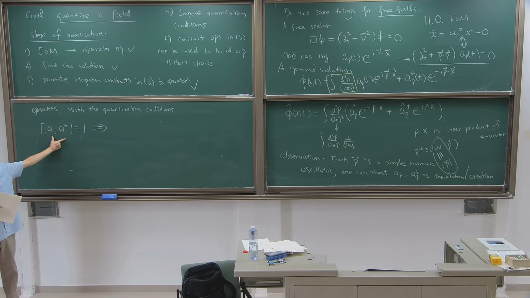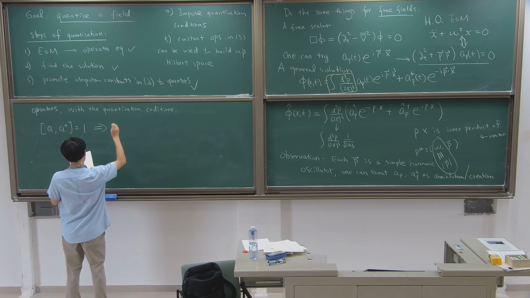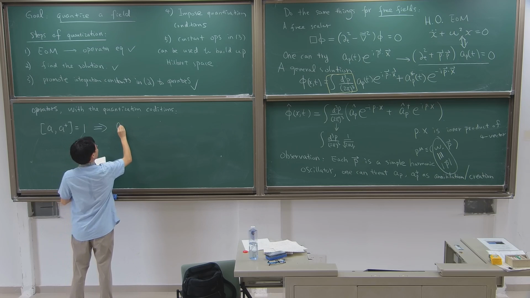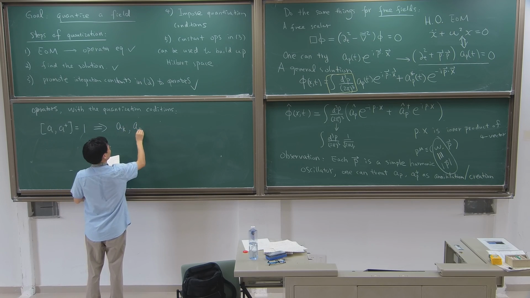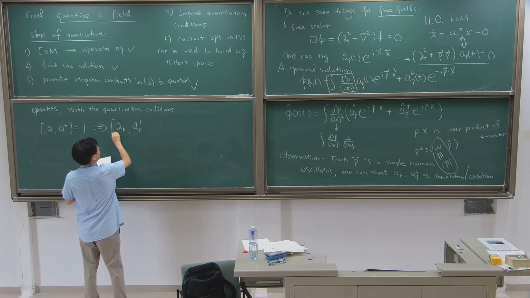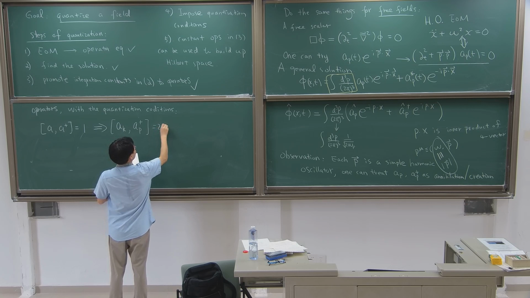Then you basically just add an index into this formula, right? Just add an index. So what are those? This will be, let's say, a_k and a_p dagger. Let me first write it down and then try to explain, check consistency.